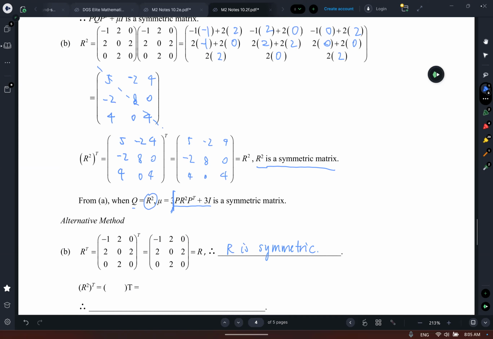Now, since R is symmetric, R squared transpose is equal to R transpose times R transpose. That is equal to RT squared. Huh? What am I trying to?